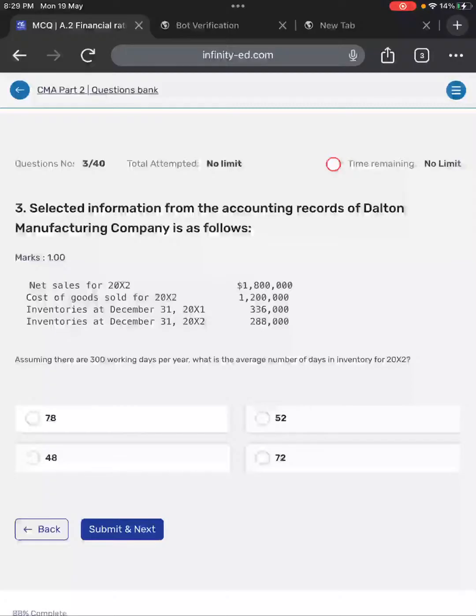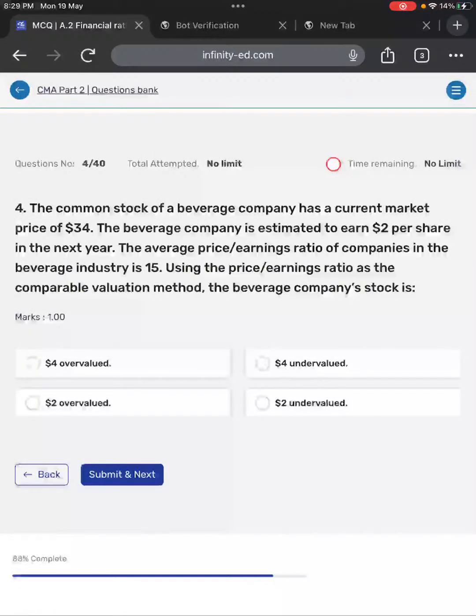And the inventory days is 300 divided by 3.84, which is 78, meaning 78 days, which is already given in the answer. Okay, and now question number 4.